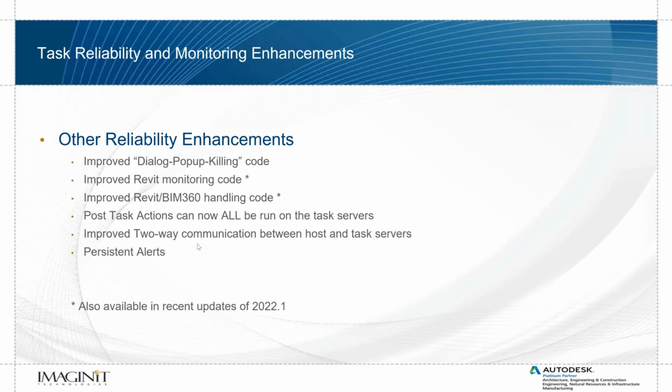And for one reason or another, there were situations where that message would not be received and it couldn't be done. So we've gotten rid of that. There's more two-way communication between the hosts talking to the task servers. So while there's still potential for issues to happen, it won't be a matter of you not knowing that there's an issue. When you ask it to do something, it will wait for confirmation to tell you that it's been done.